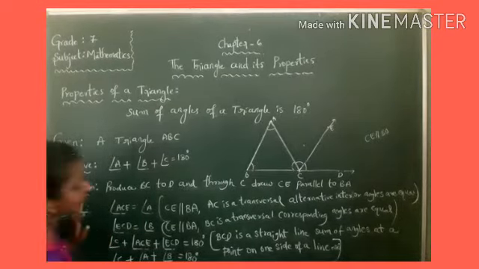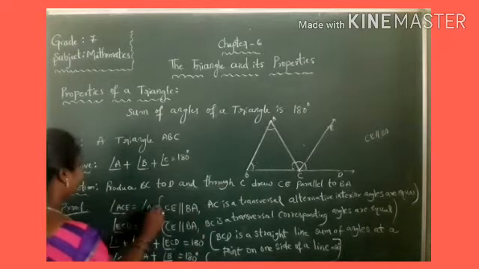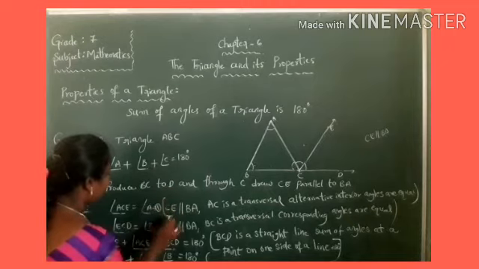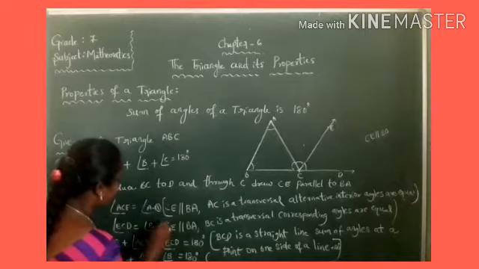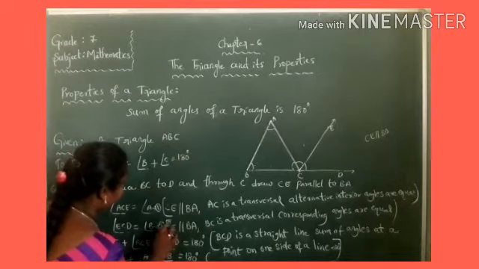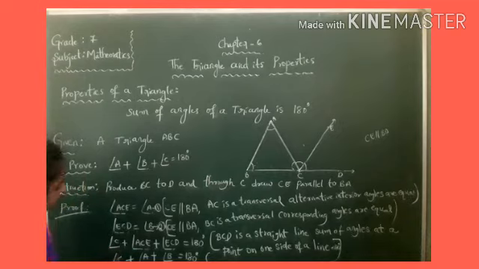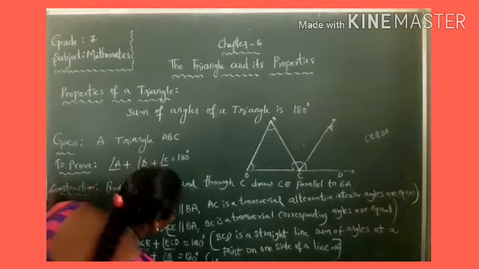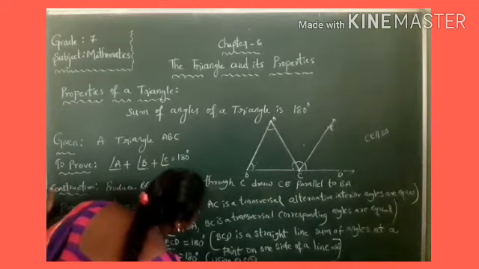Here you give it as 1, and it is 2, the second equation. Using 1 and 2, angle C plus angle A plus angle B is equal to 180 degrees.